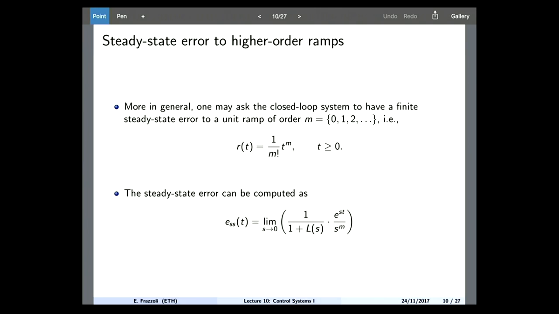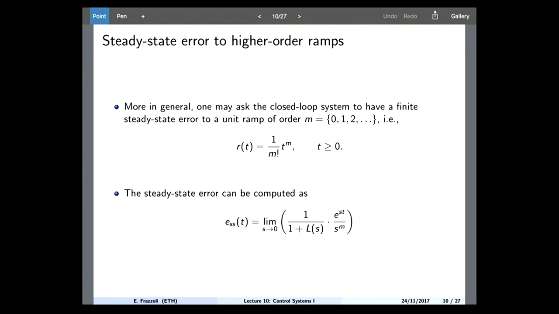This is one of the things that you always find in controls textbooks. It bothers me, because when do you do that? Never, because typically you never have reference inputs that are diverging in steady state. But this is what you find in textbooks.